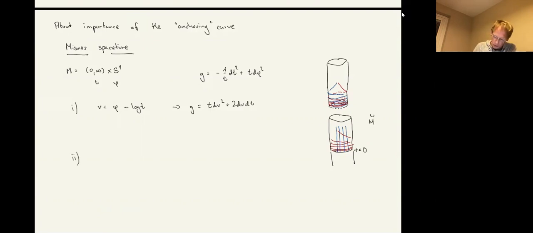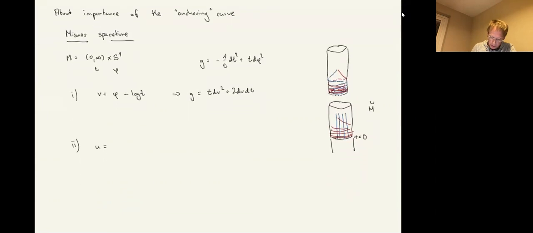Then, of course, I can construct a second one by straightening out the right-going null geodesics. So I introduce a coordinate u equals phi plus log t, and then my line element takes this form.